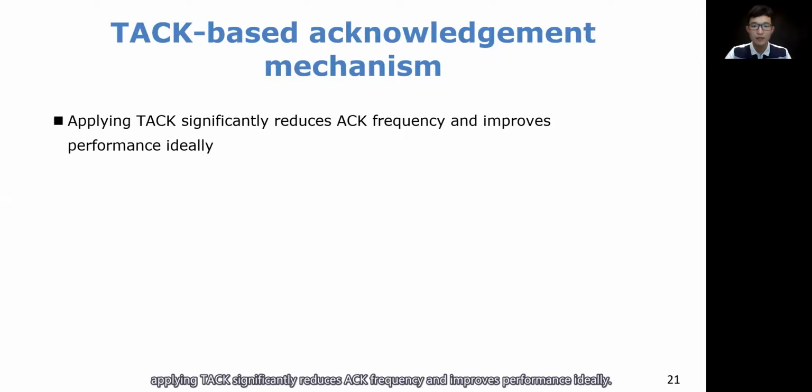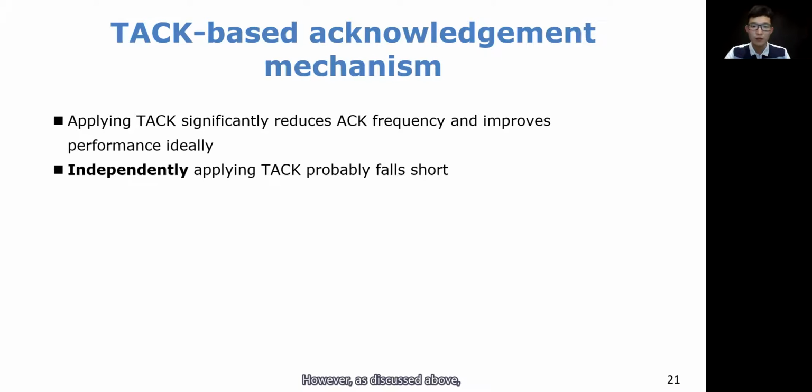To summarize, applying TACK significantly reduces ACK frequency and improves performance ideally. However, as discussed above, independently applying TACK probably falls short of robust loss recovery, accurate round-trip timing, and effective send rate control.